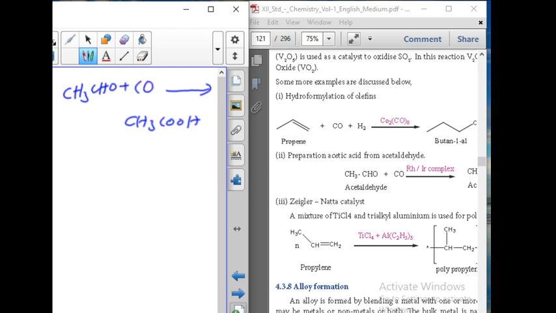So I add carbon monoxide using a rhodium and iridium complex, and now we can get acetic acid. Here rhodium and iridium are used as catalysts. And most important is the Ziegler-Natta catalyst.